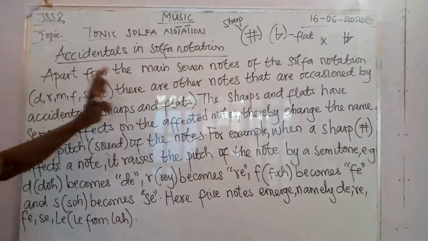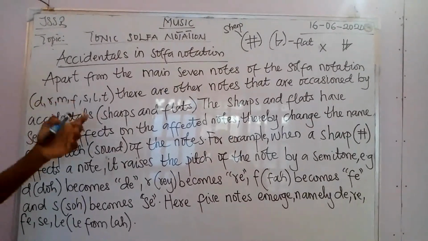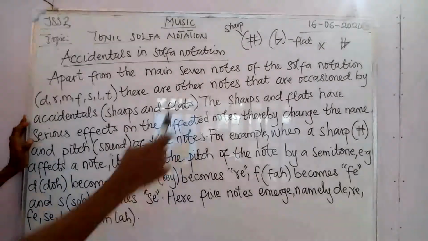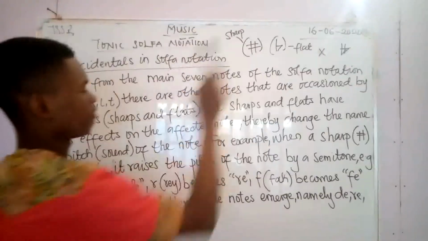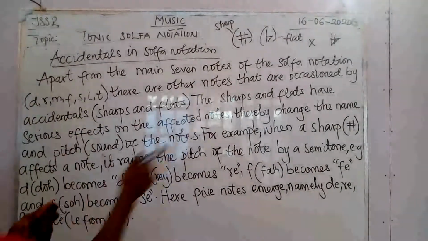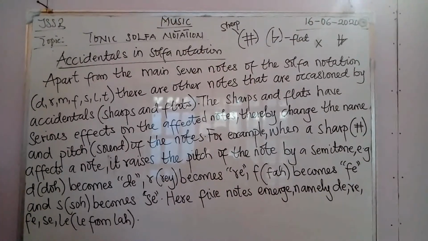So, accidentals in sol-fa notation. Apart from the main 7 notes of the sol-fa notation, that's the Do, Re, Mi, Fa, Sol, La, Ti, there are other notes that are occasioned by accidentals. That's the sharp and then the flat. Now, the sharp and flat have serious effects on the affected notes.